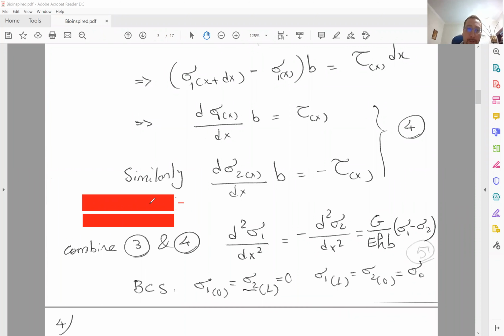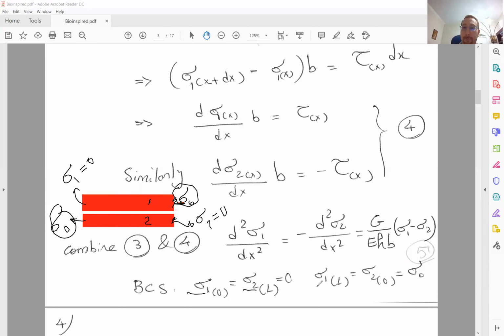This is 1 and this is 2. At this end, normal stress is sigma 0. At this end, sigma is 0. This is for 1. For 2, it's the opposite. Here, the stress is sigma 0. This and that put the whole structure in equilibrium. And here, sigma 2 is 0.